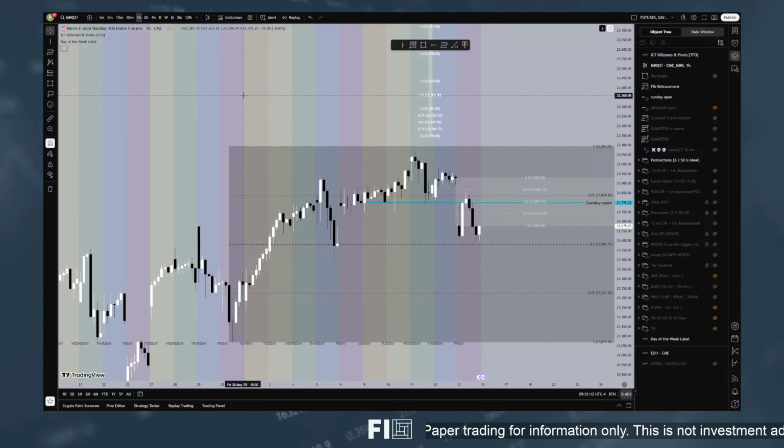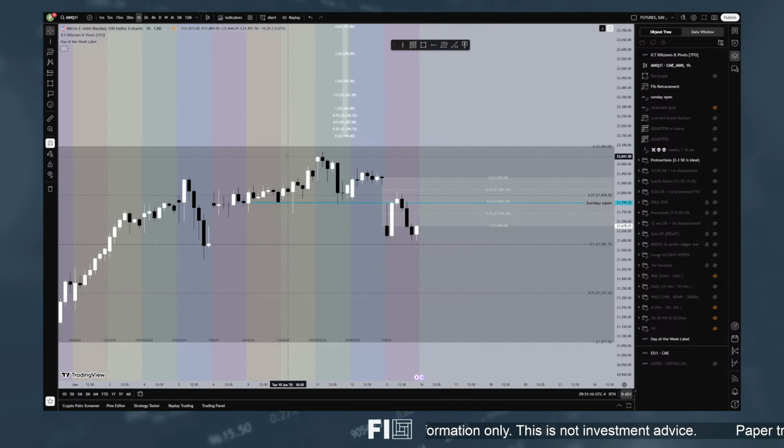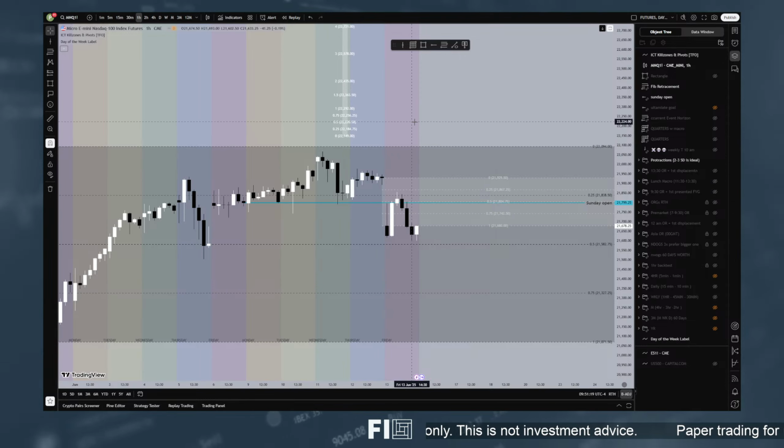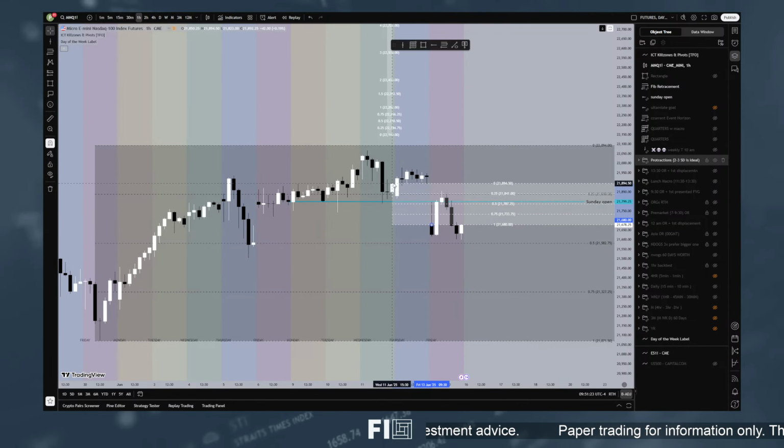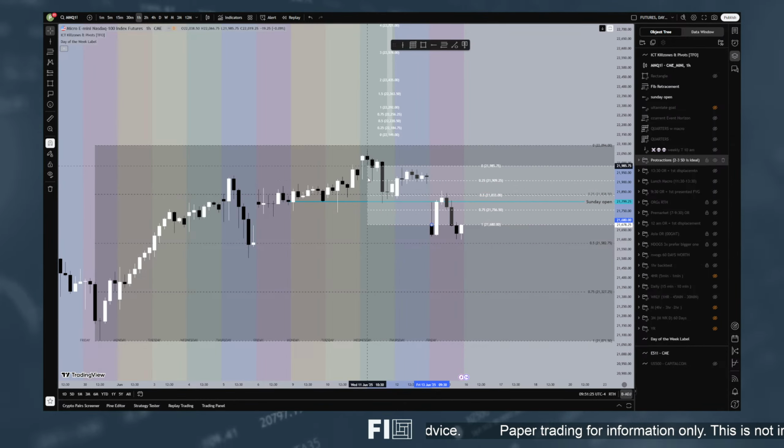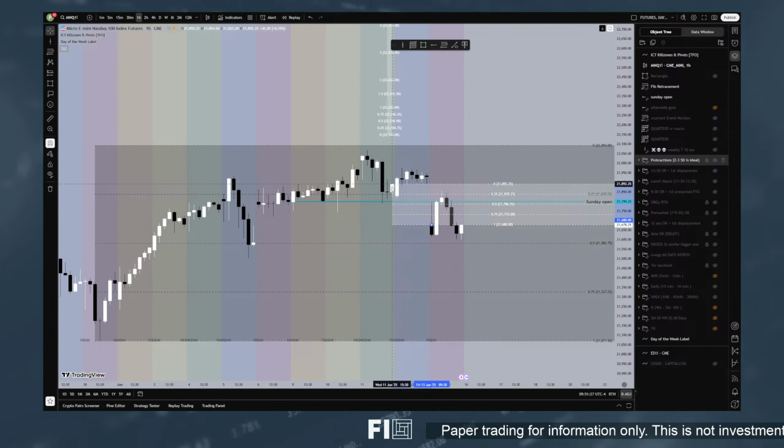So if it operates between that range from 12 a.m. to 3 p.m., I got me thinking, well, what if we take the close of that? Let's see here.